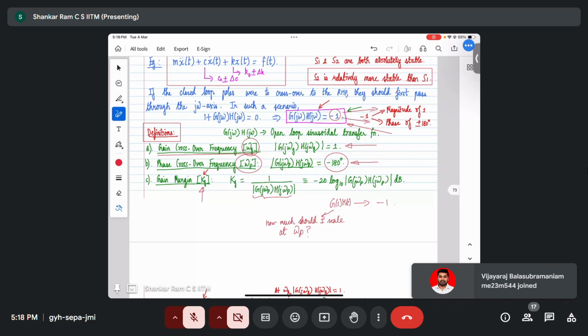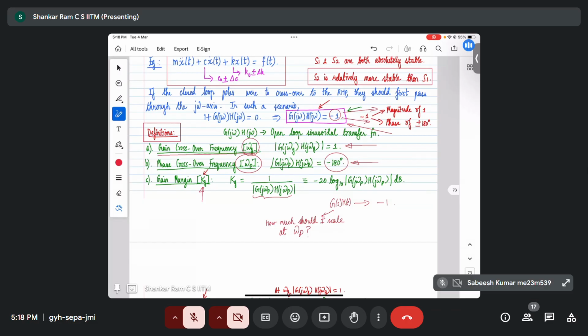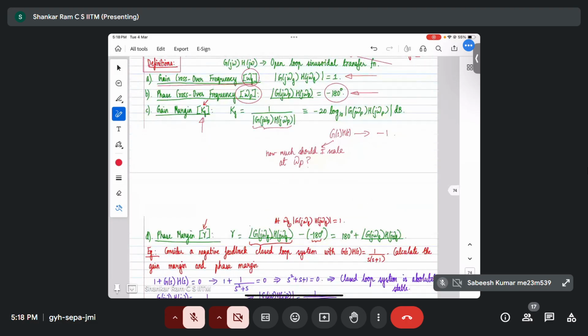That is the gain margin. If I have a large enough gain margin, I know that the system is relatively stable, because if I have disturbances, the magnitude of the transfer function is not going to change a lot, or come to 1 very easily. So that gives me a lot of cushion.